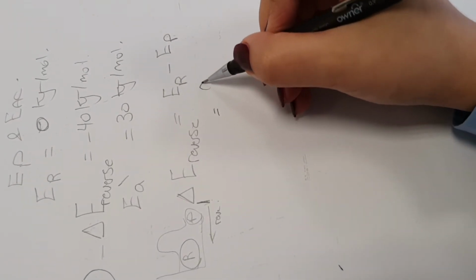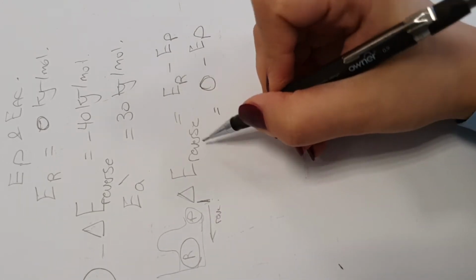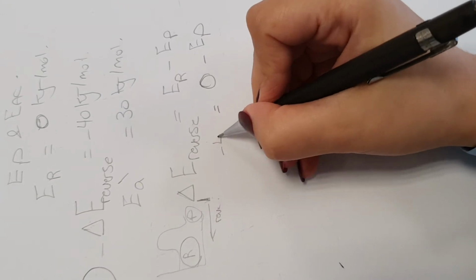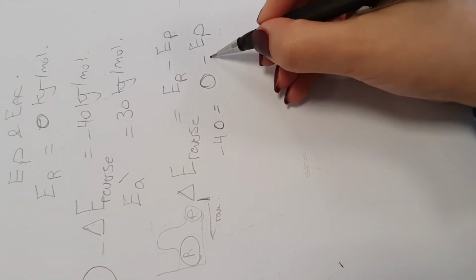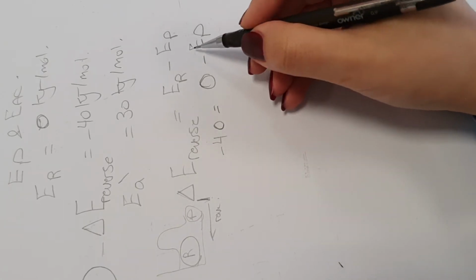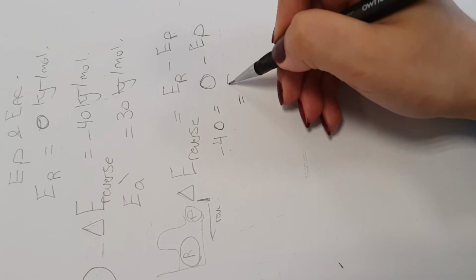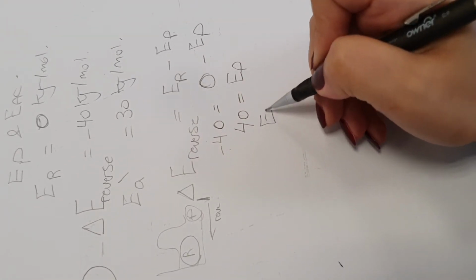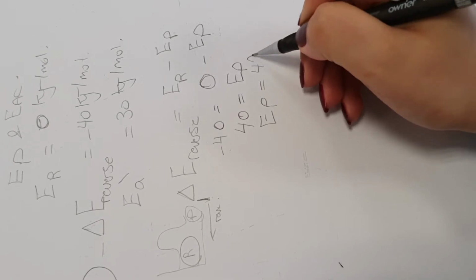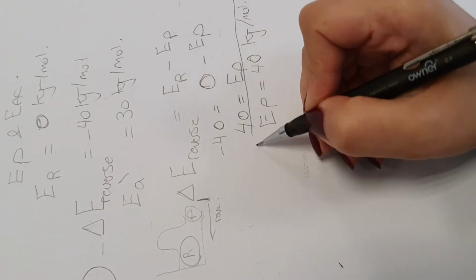The reactants 0. The products I will figure out now. The reverse, he told me negative 40. So negative energy of products equals negative 40. So the energy of products equals 40 kilojoule per mole.